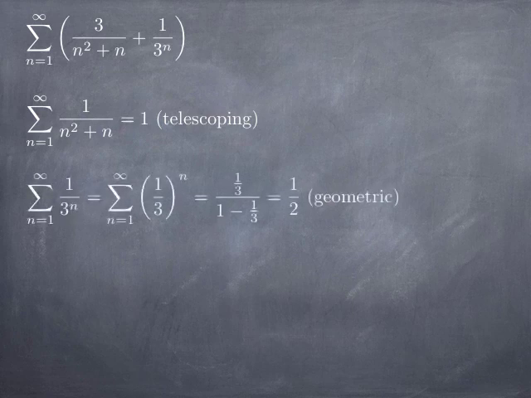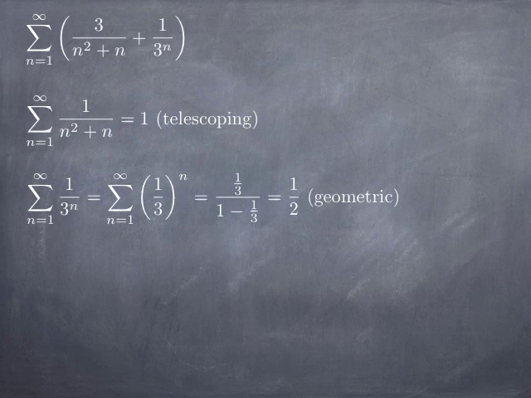And on the other hand, the series from 1 to infinity of 1 over 3 to the n is really a geometric series of common ratio 1/3 and first term 1/3. So it is convergent because 1/3 is in absolute value less than 1, and the sum is the first term 1/3 divided by 1 minus the common ratio, which is 1/3. So we end up with 1/3 divided by 2/3, which is 1/2.